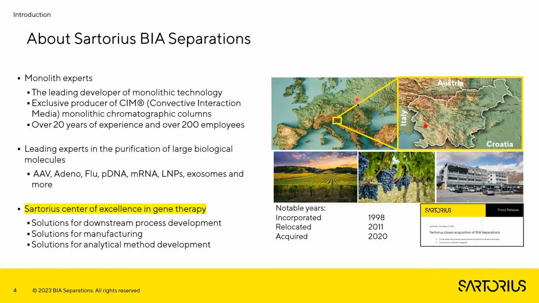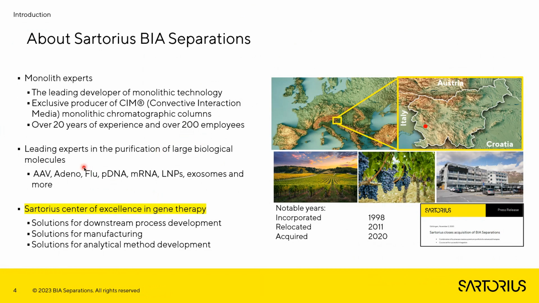So first, a few words about our company. Sartorius BIA Separations is located in the center of Europe, and we are the leading developers of monolithic technology. We are exclusive producers of innovative interaction media, monolithic chromatographic columns, with more than 20 years of experience, and we employ more than 200 people.